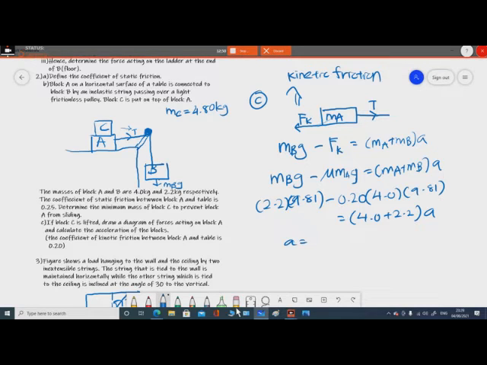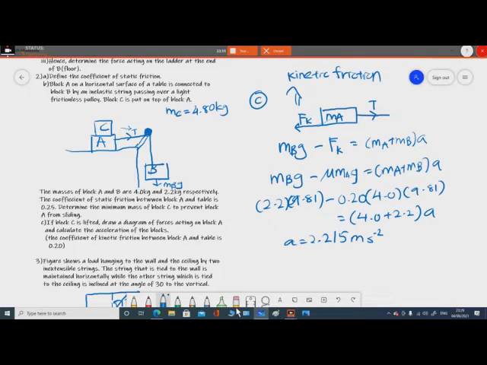So the final answer we got is actually 2.215 meters per second squared. Okay, this is how we answer the question. So this is how we find the acceleration.